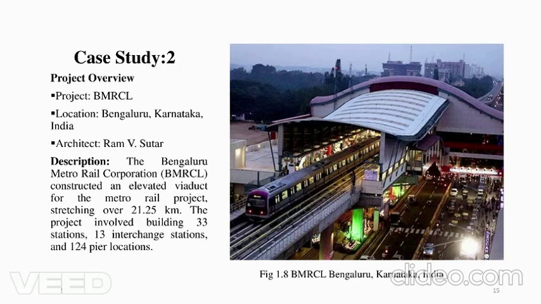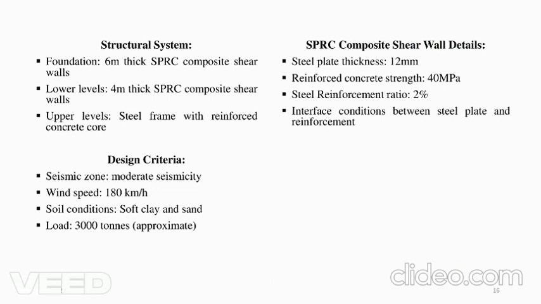Continuing with the further details of Bangalore Metro Rail project. The BMRCL structural design comprises SPRC composite shear walls of 6-meter and 4-meter thickness at foundation and lower levels, respectively, supplemented by steel framing with concrete core at upper levels.